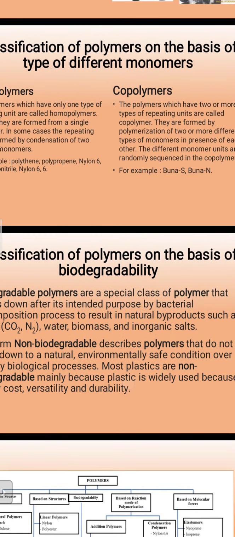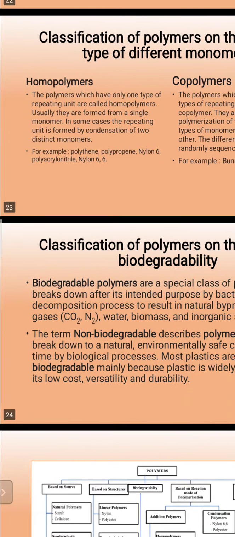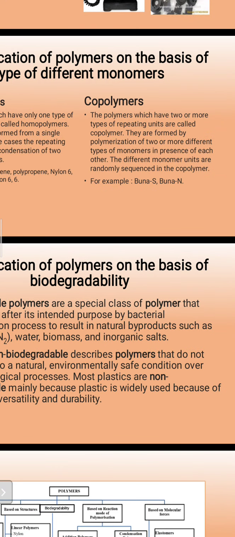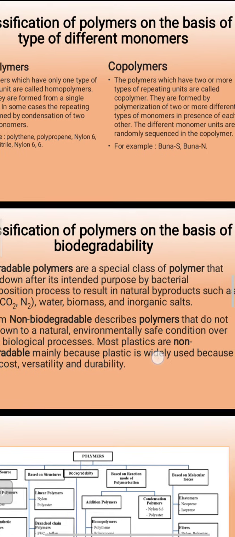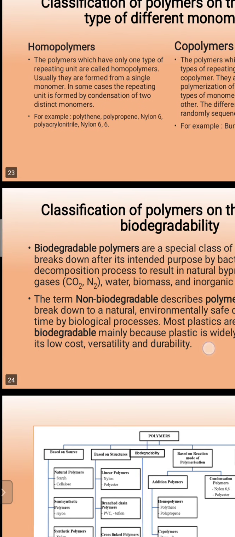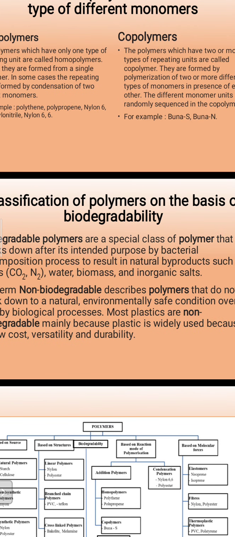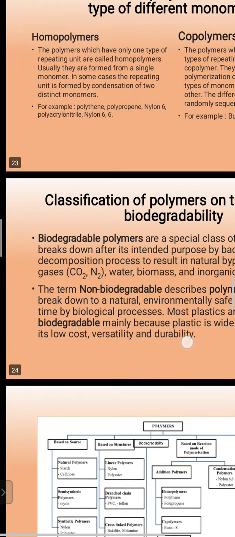Biodegradable polymers are a special class of polymer that breaks down after its intended purpose by bacterial decomposition processes, resulting in natural byproducts such as gases, carbon dioxide, nitrogen, water, biomass, and inorganic salts. So these are the best examples of biodegradable polymers.